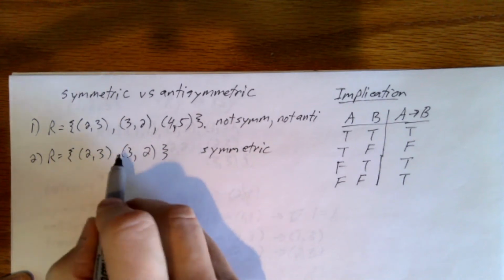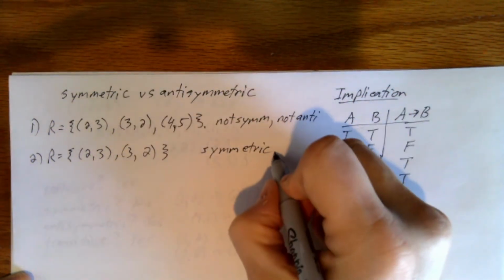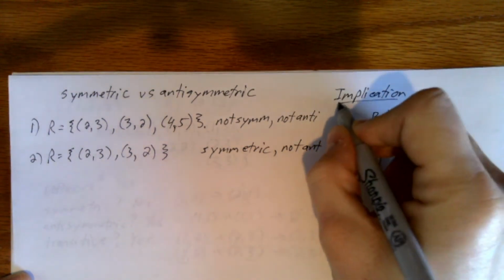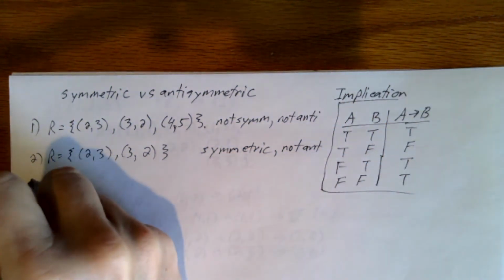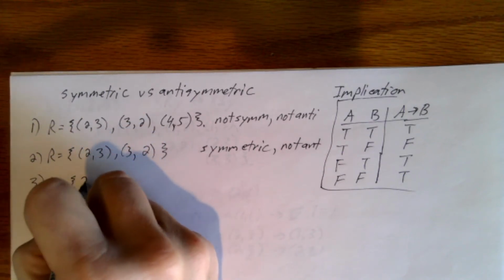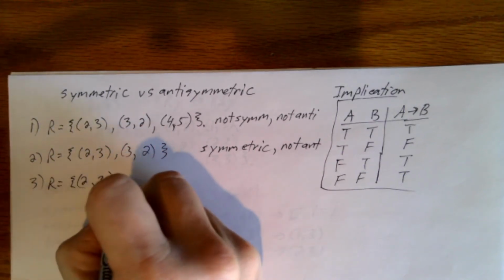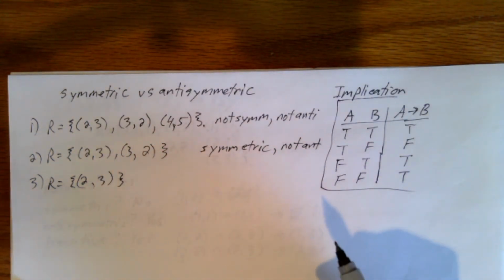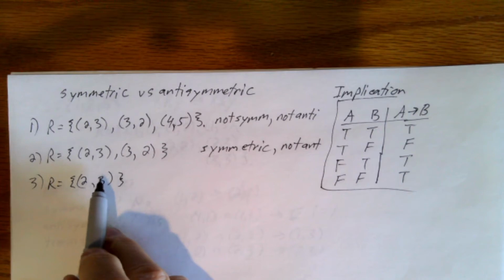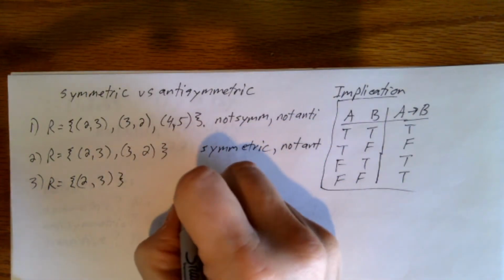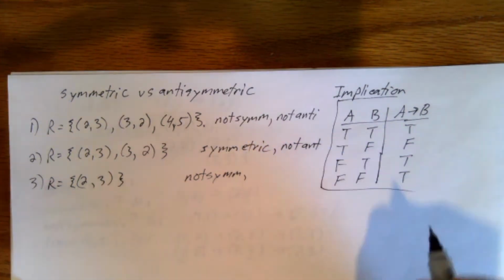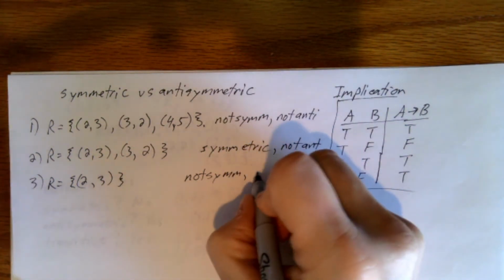But since 2 does not equal 3, just like before, this is not anti-symmetric. So what about this? Well, we have 2, 3, but we're missing 3, 2. So this is not symmetric. But it turns out it is anti-symmetric.